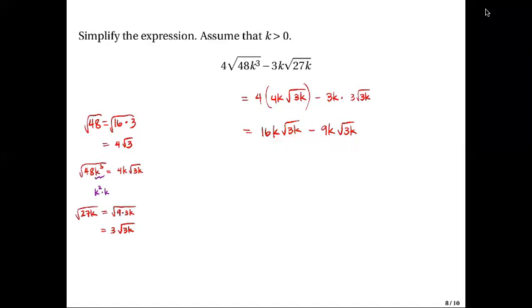So we can just combine the constants. And we will end up with 7k square root of 3k. So this is the simplified version.